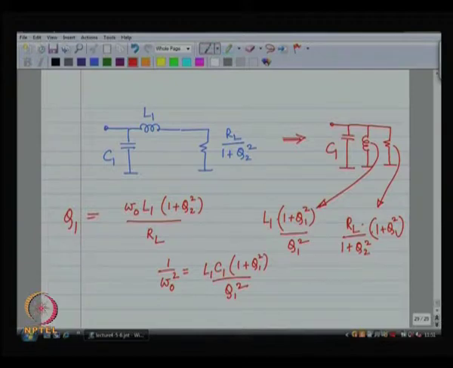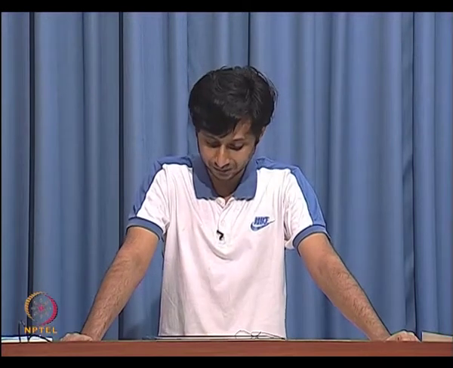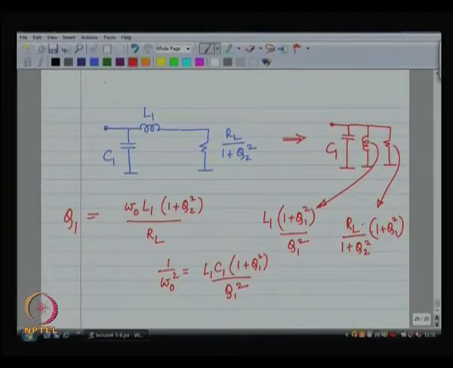It is a shunt parallel resonant circuit. So, it is an infinite impedance. So, it is as good as it not being there. So, you see only the resistance, which is R L times (1 plus Q 1 squared) divided by (1 plus Q 2 squared). So, this is the final resistance that you see, and you have to make R s equal to this quantity.